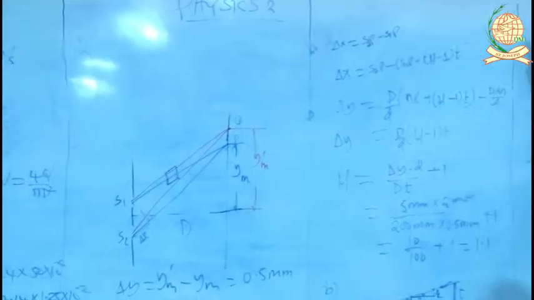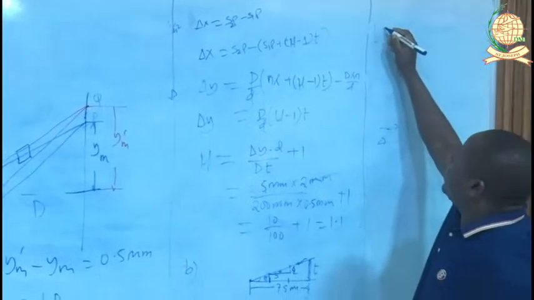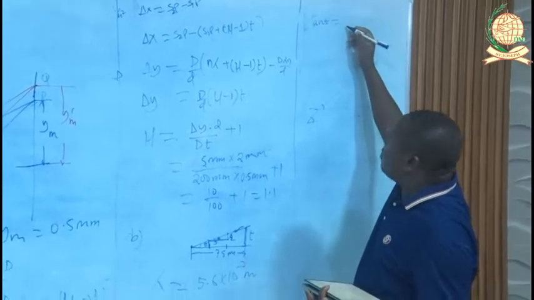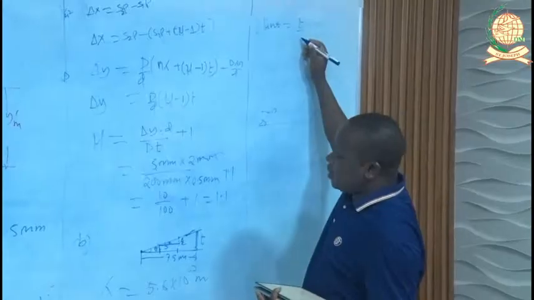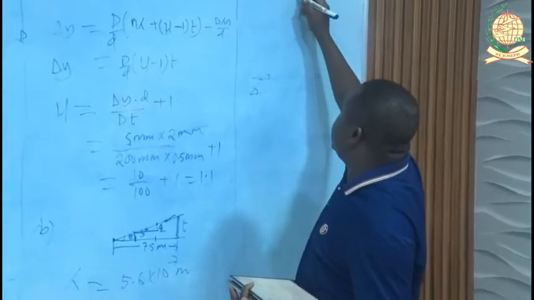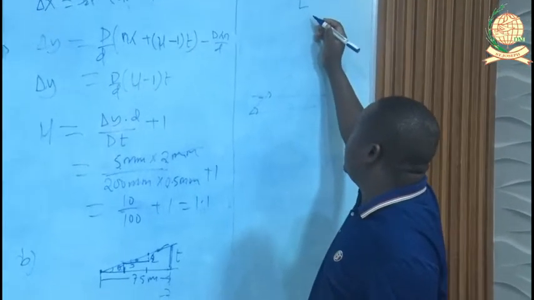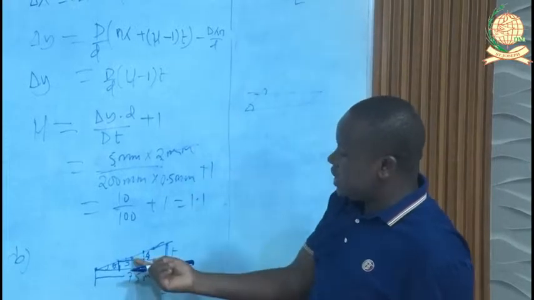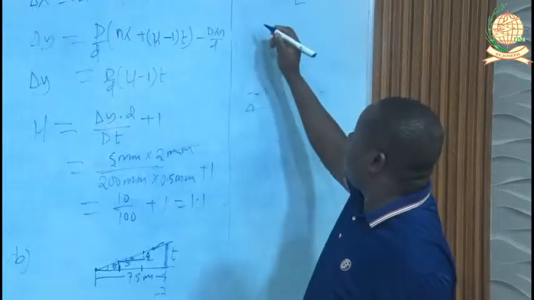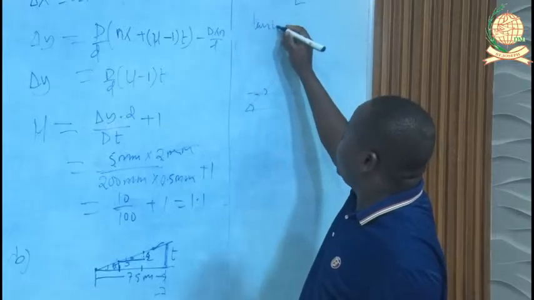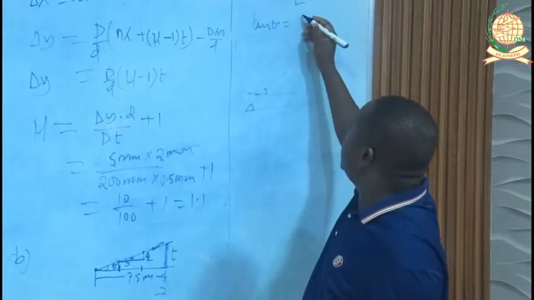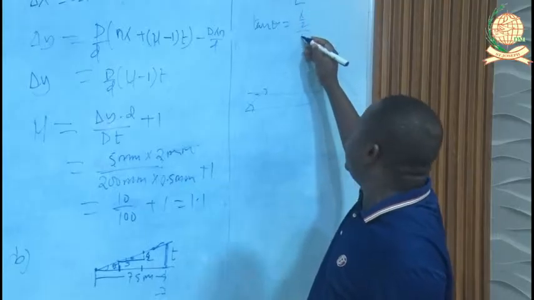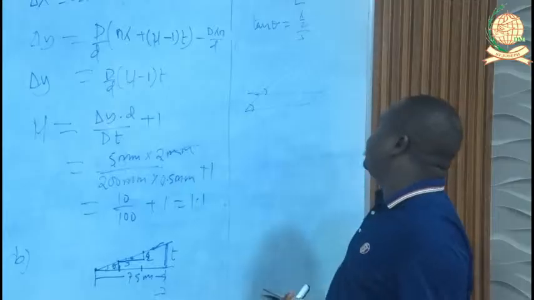So first, from the triangle, tangent of theta equals opposite over adjacent, which is L. But also, using the upper triangle, tan of theta is equal to half of wavelength divided by separation.